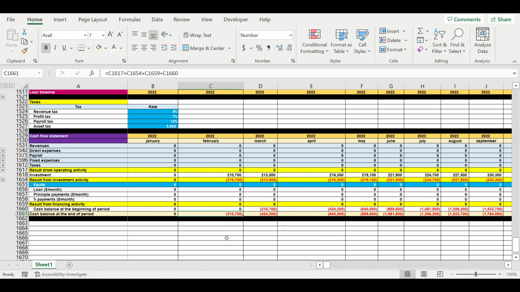So the first way, for example, if we have only our own money: we go to this line, see the negative value in the cash balance at the end of the period, and take this value with the opposite sign here.